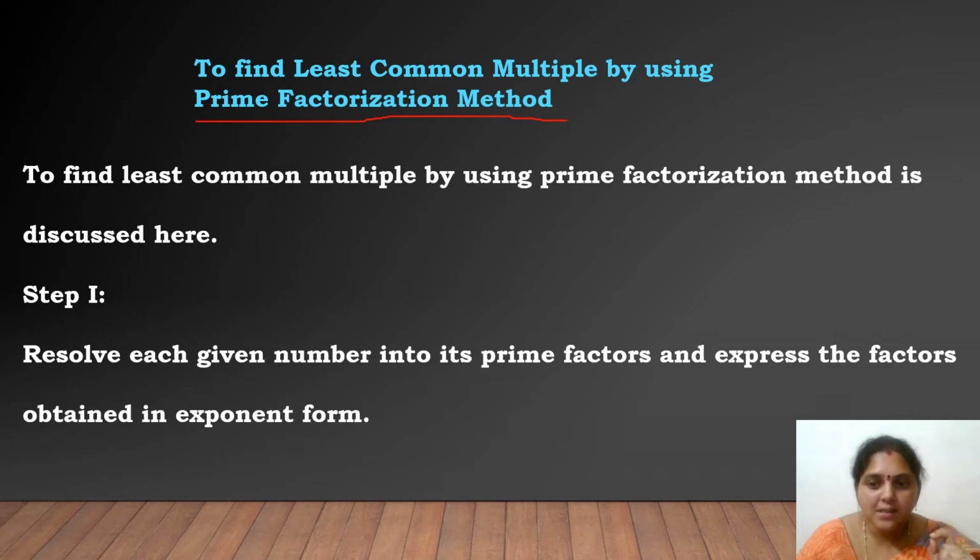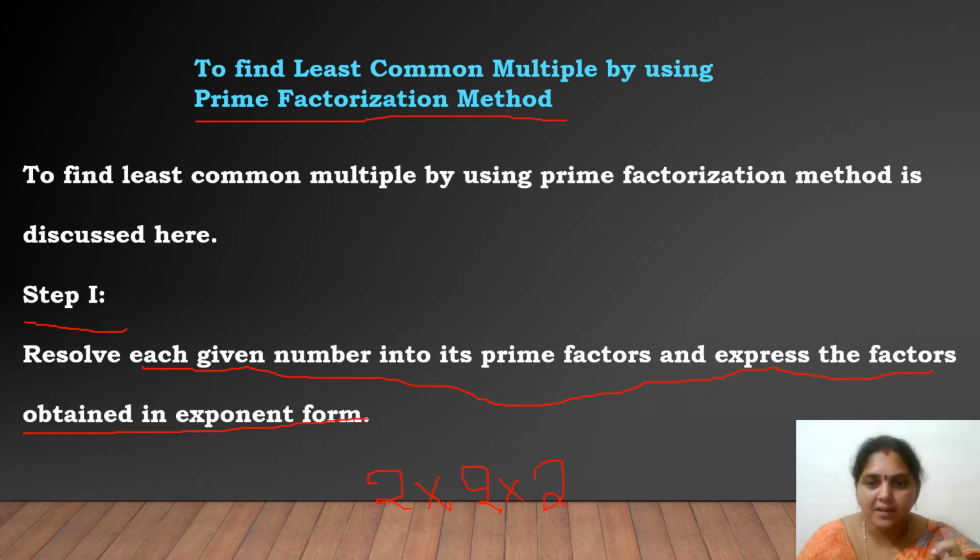So what are the steps to follow for doing this method? We will see here. Step 1. Resolve each given number into its prime factors and express the factors obtained in the exponent form. In the exponent form means, suppose you see here 2 into 2 into 2 into 2.